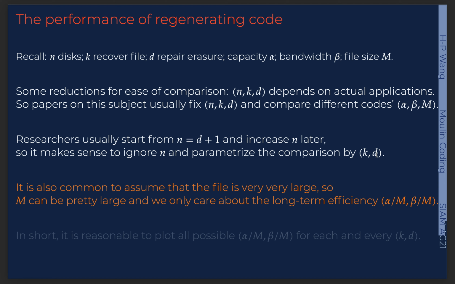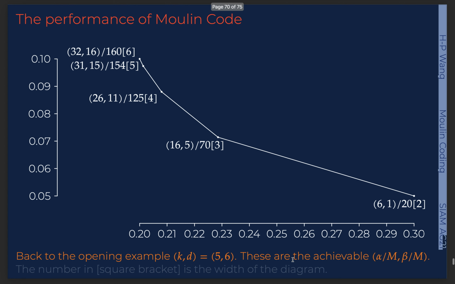It is also common to assume that the file is very, very large, so m can be pretty large and we only care about the long-term efficiency, which in some sense is the homogeneous capacity and the homogeneous bandwidth. In short, it is reasonable to plot all possible alpha over m and beta over m, which are the homogeneous alpha and beta, for each and every k, d pair.